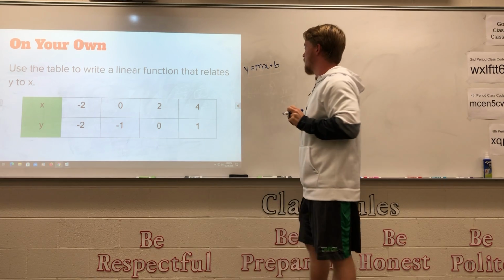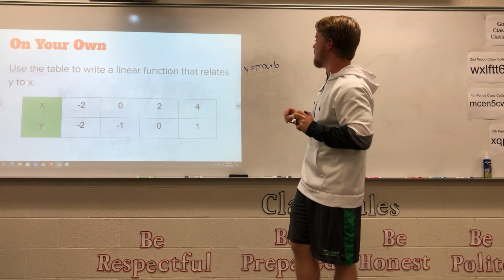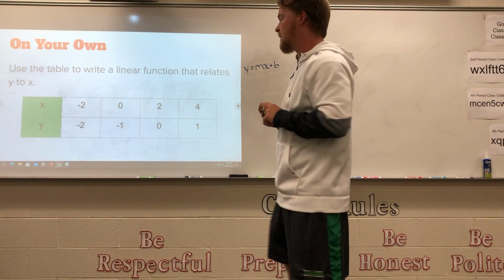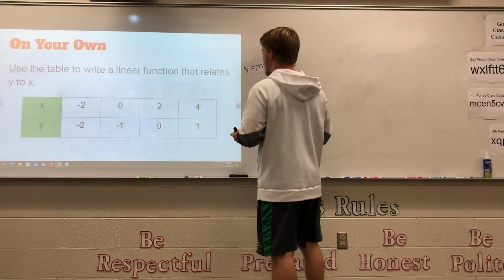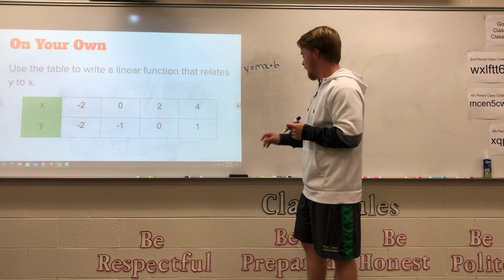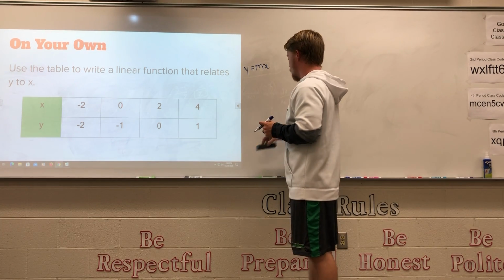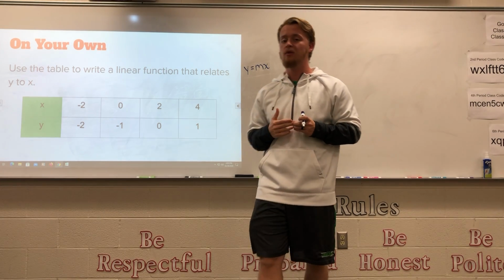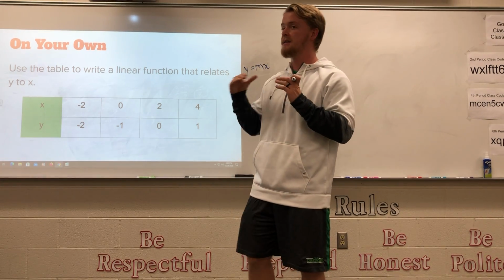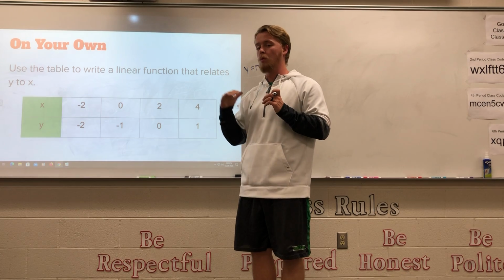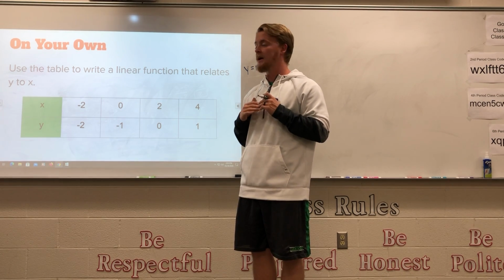So again, this is the form y equals mx plus b. That's the form that our linear function will be in. We need to fill in our m and our b. To fill in the b, remember b stands for y-intercept. Remember the tip I gave you on tables. Wherever your x is 0, your y value with it is your y-intercept.